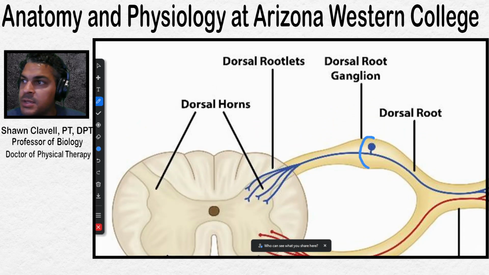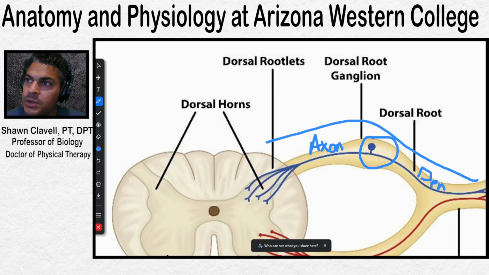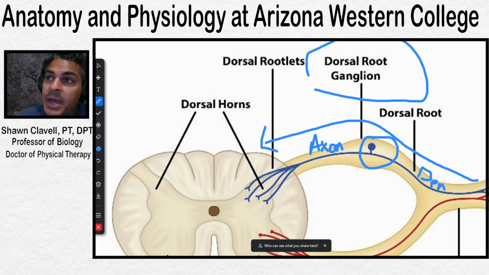See, there's the unipolar cell body that was located there. This is the axon here. The dendrites are on this side. I'm just going to put den there. So the dendrite information will travel here. And so there's the dorsal root ganglion, that collection of cell bodies outside of the spinal cord, and then they will synapse with other interneurons, with their cell bodies in the gray matter of the spinal cord. Those are called nuclei. And so that is the term ganglion.